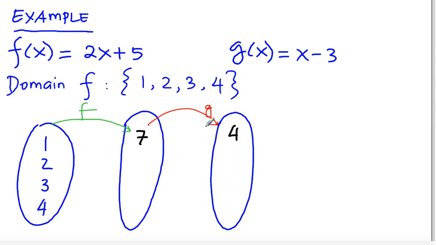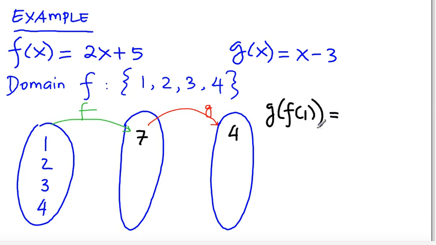So this process you can write right away. What is the image of 1 after this composition of function f and g? The end result is 4. To say so, you can write it this way. For instance, I am going to write it as g(f(1)).